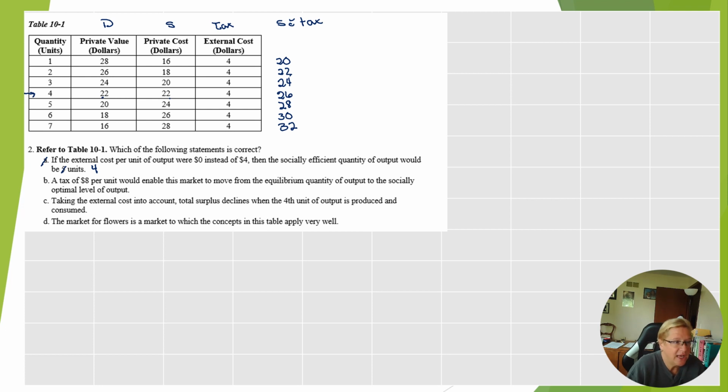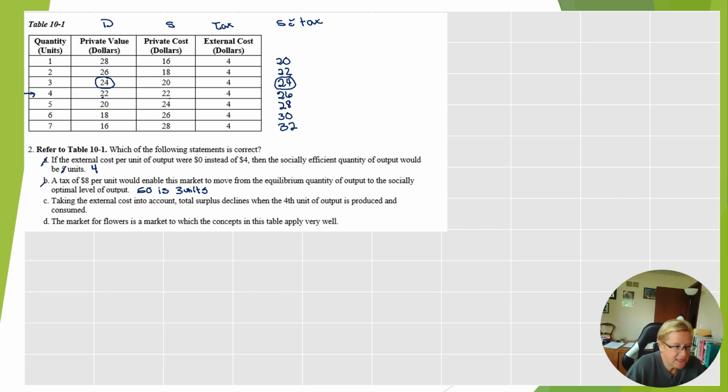The socially optimum that we see here is where the private value of 24 equals the social optimum level, or the private cost plus external cost. So that would actually be at 3 units. If we increase that tax, that's not going to work because the social optimum is 3 units. So that also is incorrect.